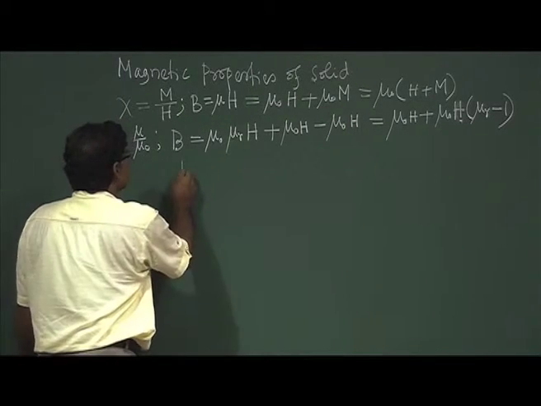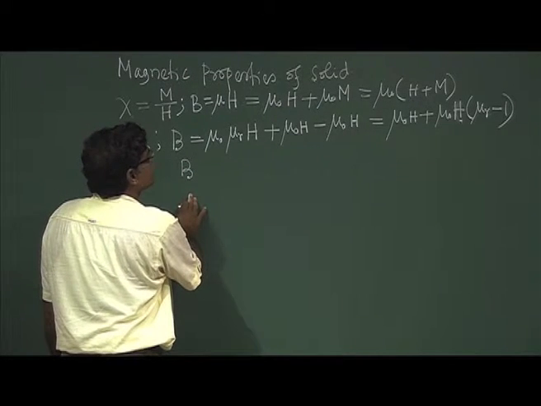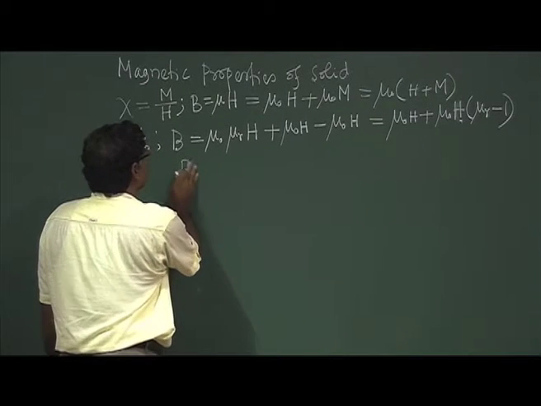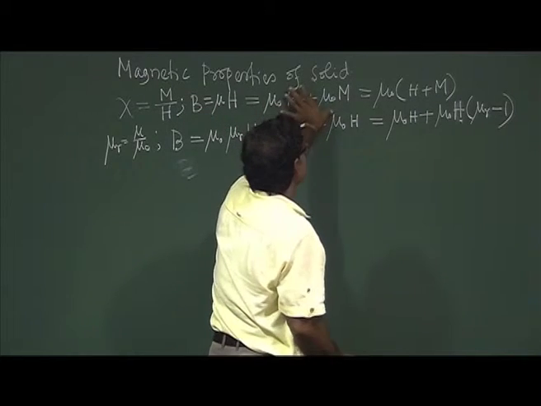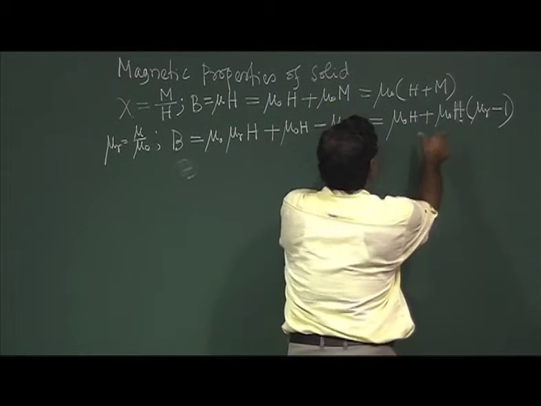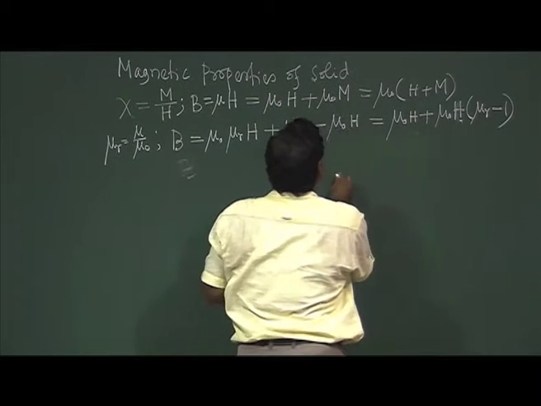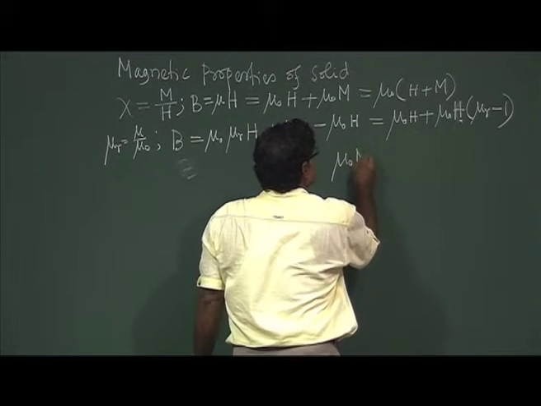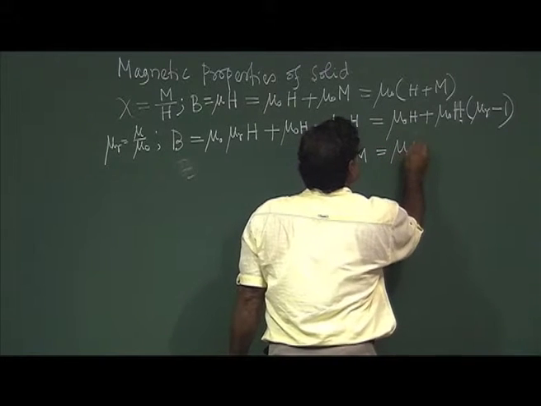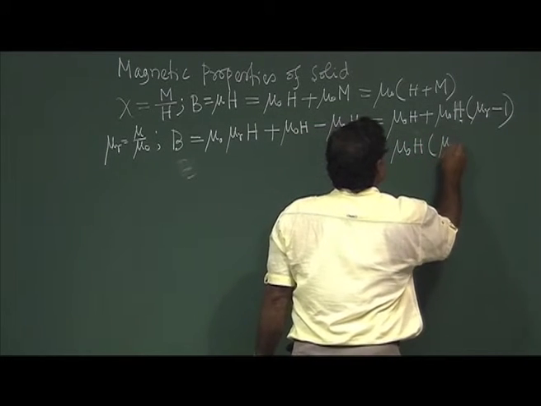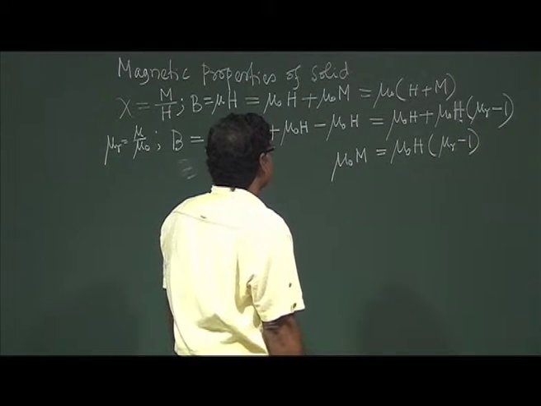So, B equal to this, one can also write, and this will be equal to this. So, mu 0 will go, and from here I get mu 0 M equal to mu 0 H (mu r minus 1).